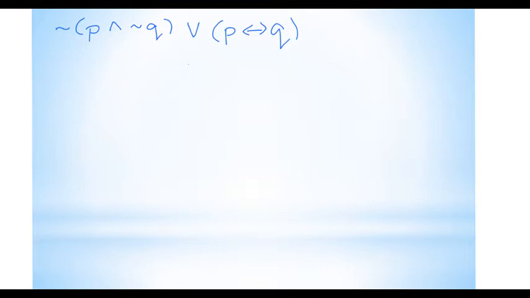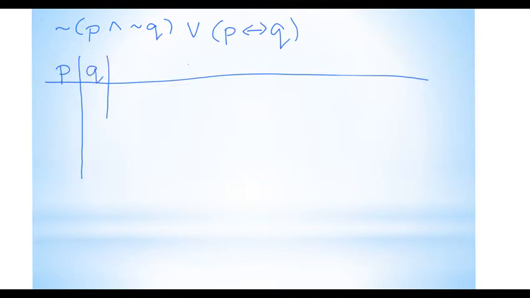We're going to have a lot of parts on our truth table. Again, we're always going to start off with our P and our Q. And then I know that I also need the negation of Q, because I need that in one of my parts. Okay, so now I have all the single letters that I need.